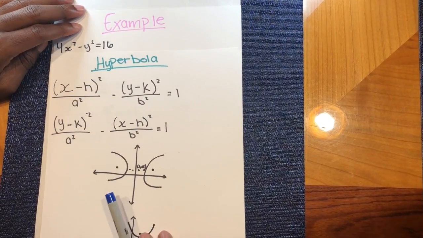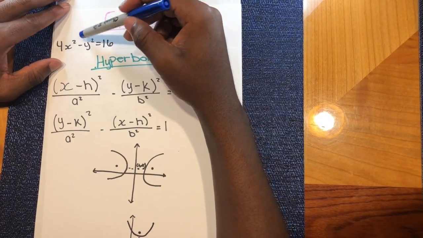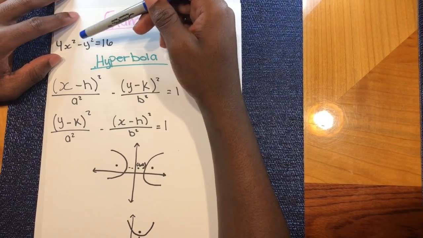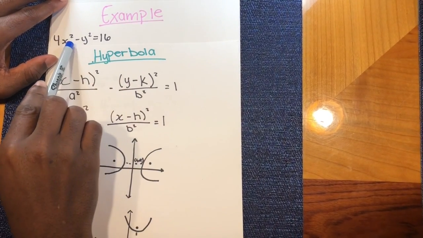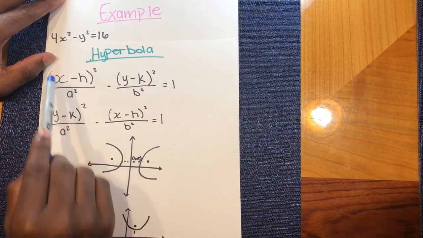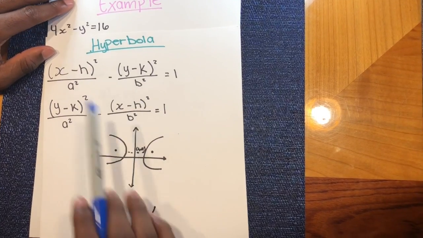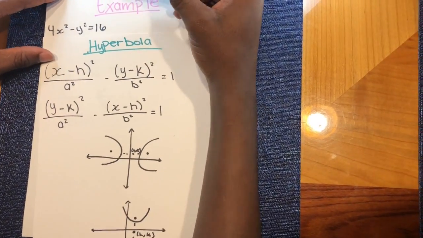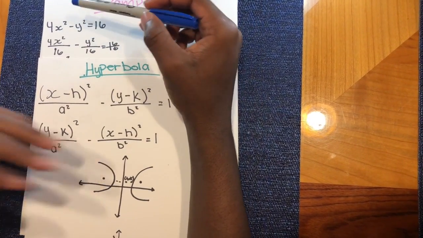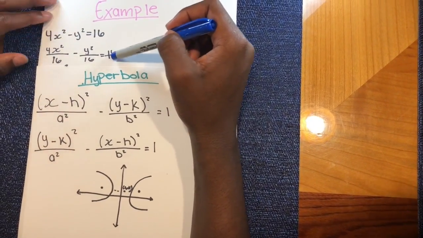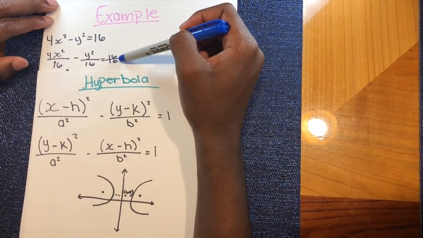Let's talk about an example today. For an example, we have 4x squared minus y squared equals 16. So in order to get this problem to look like this, what we're going to want to do first is divide both sides by 16. So when we divide by 16, your 16 over 16 gives you 1.